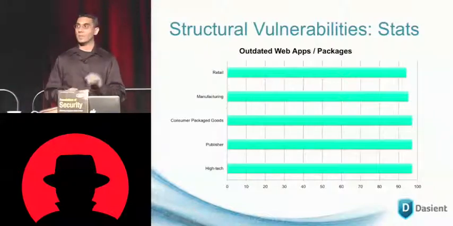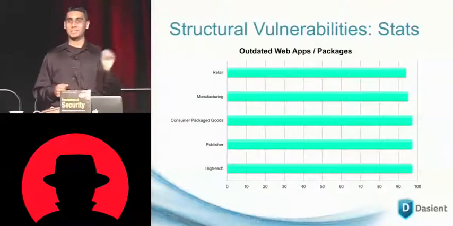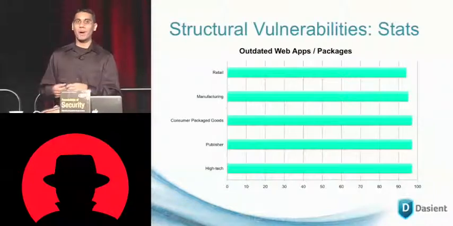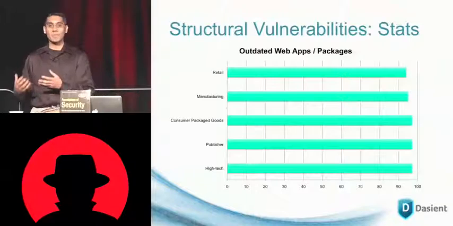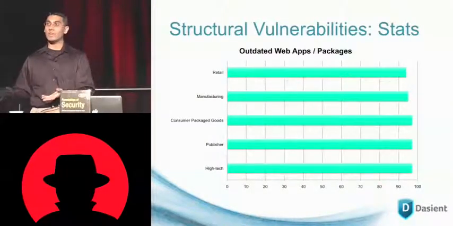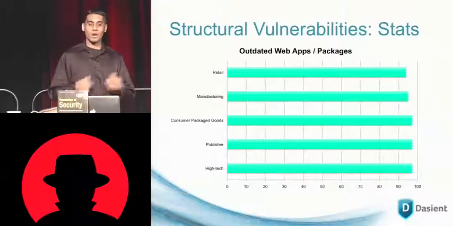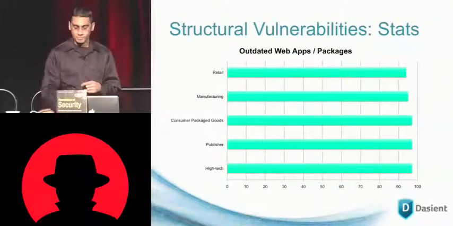As we know from the client world, it's very hard to keep a lot of client-side machines up to date and patched, but the same exists on the servers. In fact, doing server-side patch management is even harder because you have databases, you have a lot of software code that may need to be upgraded or changed when you upgrade a particular application, and so that's a little bit of why these numbers are where they are.